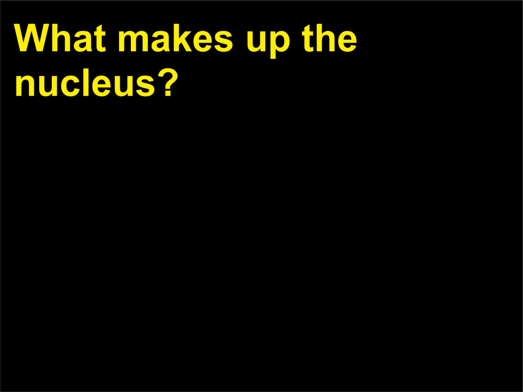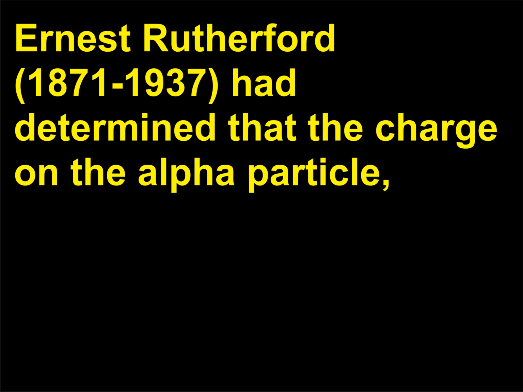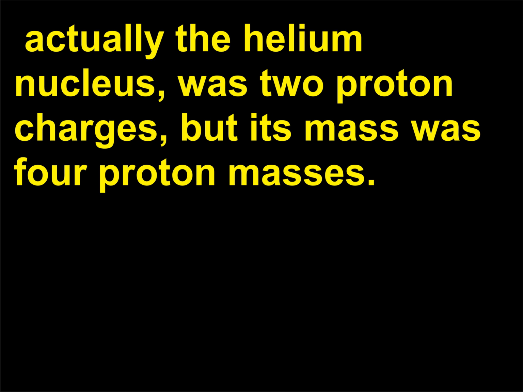What makes up the nucleus? Ernest Rutherford, 1871 to 1937, had determined that the charge on the alpha particle, actually the helium nucleus, was 2 proton charges, but its mass was 4 proton masses.